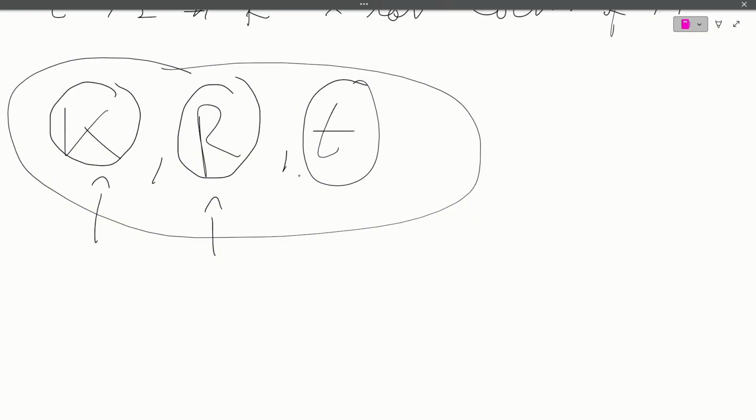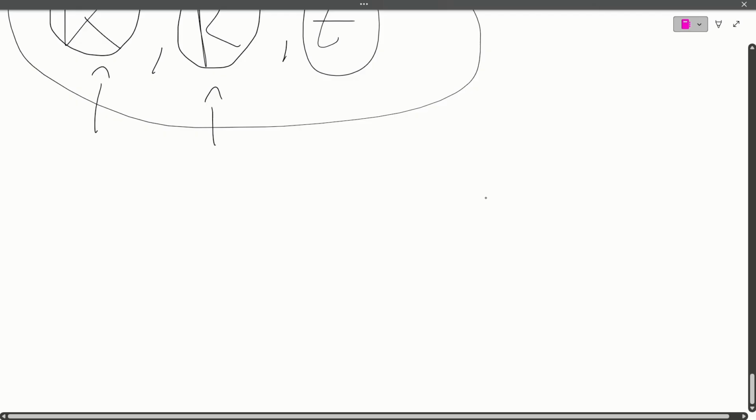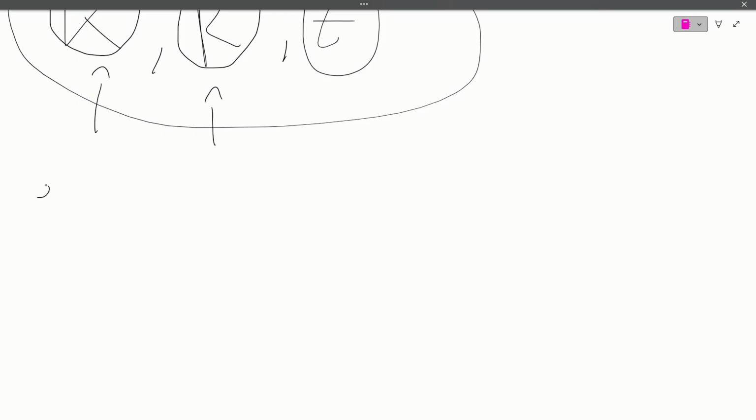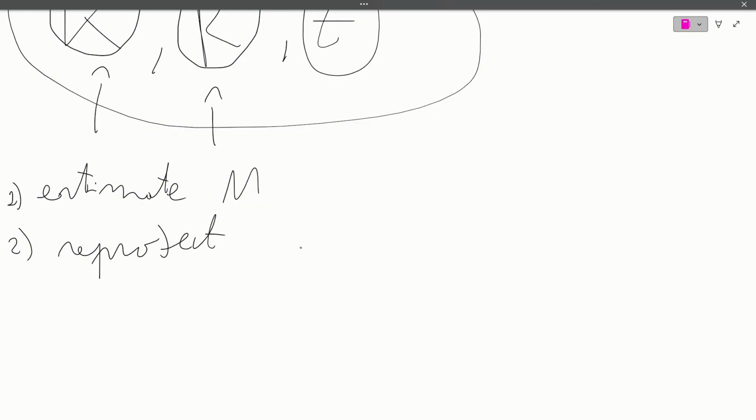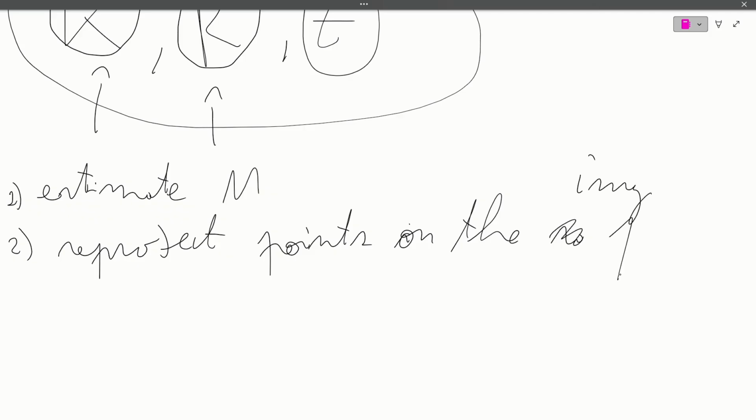We are not using that meaning. We can create a more robust algorithm, in which, using what we have seen before, we can estimate M as we have seen before. Then we can reproject points on the image plane.